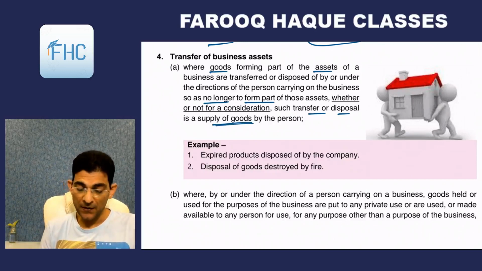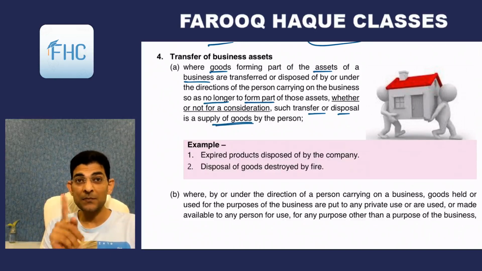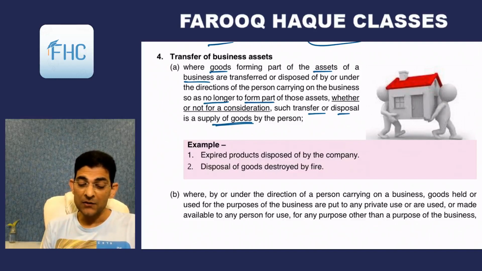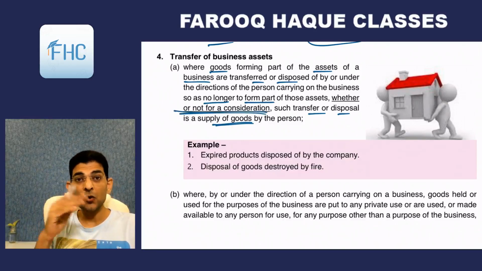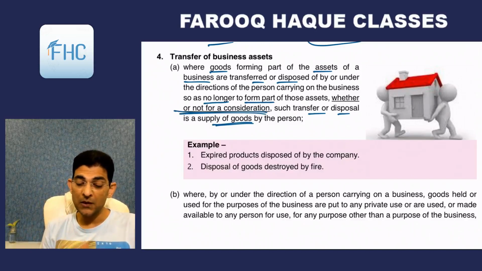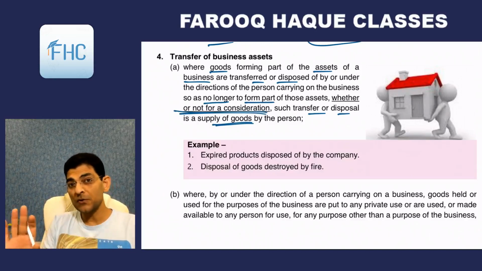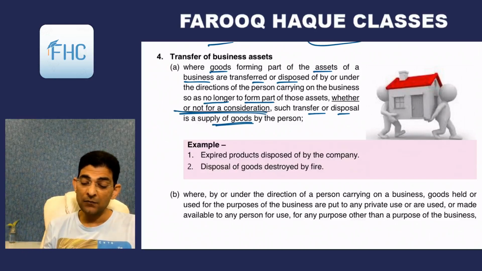Another very simple point, that if I've got goods which are forming part of my assets of my business, okay, they are not personal, they are business assets, are transferred or disposed of, whether or not for a consideration, means whether I've taken consideration or not is immaterial. If they are part of my business and I am disposing them off, I am transferring them off, who is doing it? The owner of the business himself, or on his direction some other person is doing it, then it will be called as supply of goods.